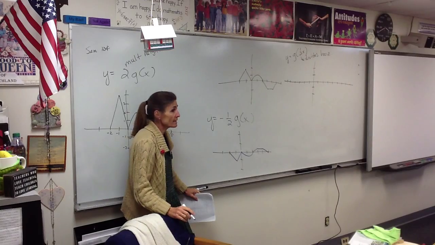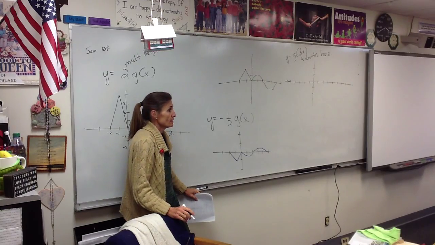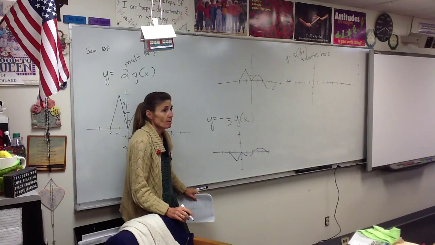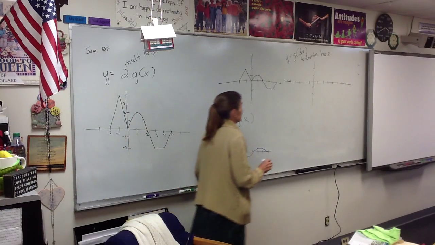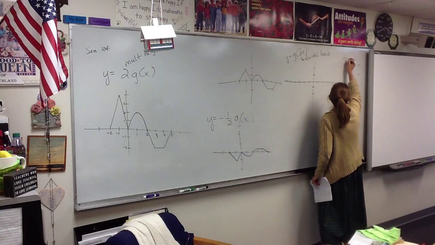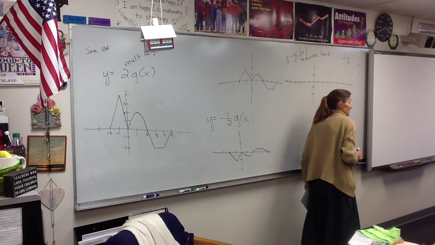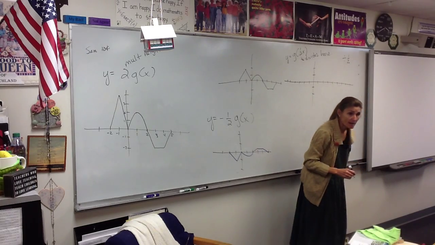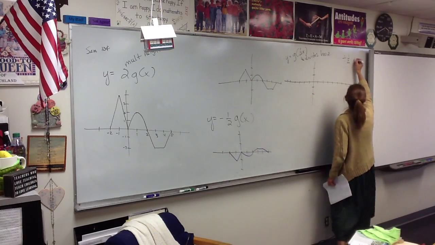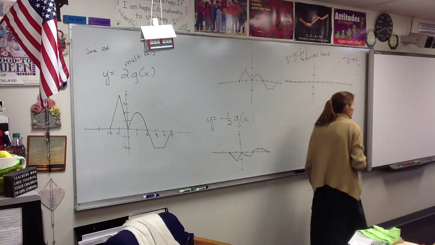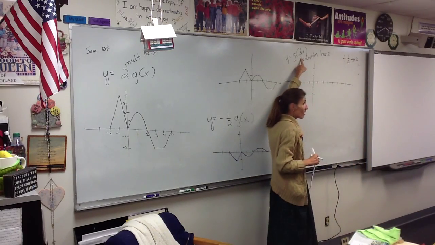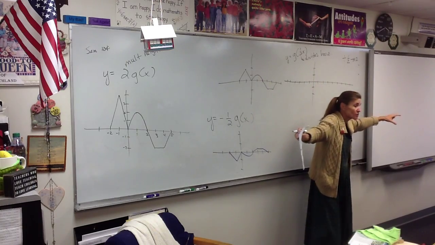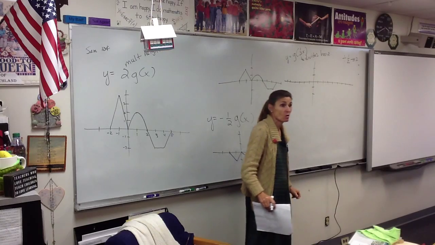Now I want you to be really careful with this. Basically I'm dividing by 1/2. And dividing by 1/2 is the same as timesing by 2. So what impact is that 1/2 going to have? It's going to stretch it. It's going to make it twice as long.